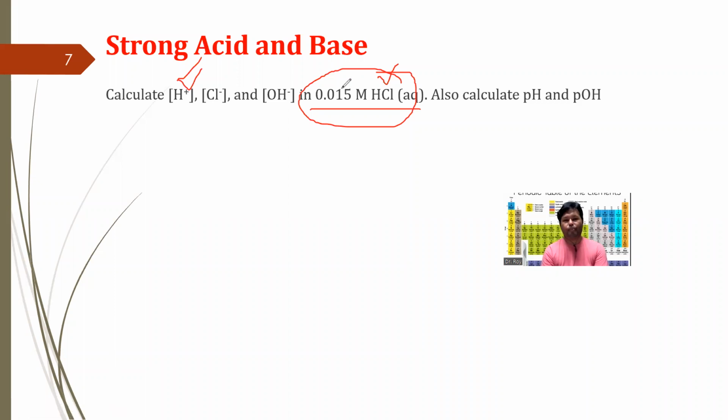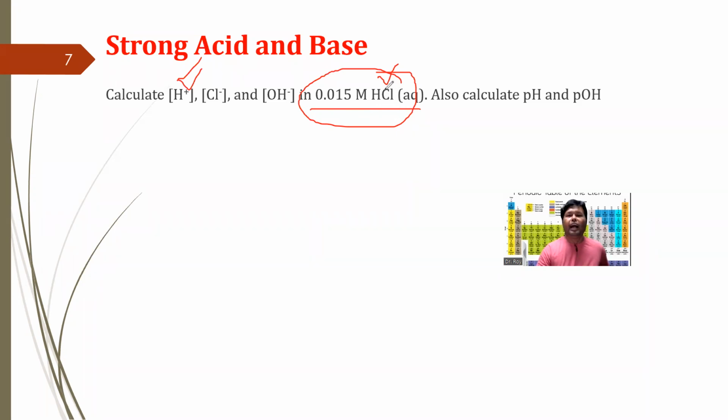Because that is the concentration of HCl, and as it is a strong acid, the concentration of hydrogen should be the same. Exactly, because hydrochloric acid is a strong acid, when we dissociate it, the acid will be completely ionized. So if we had 5 molecules of hydrochloric acid, it will form 5 hydrogen ions and 5 chloride ions.